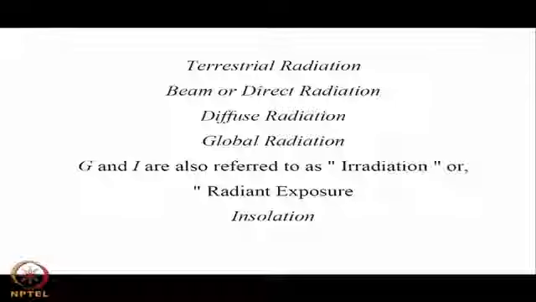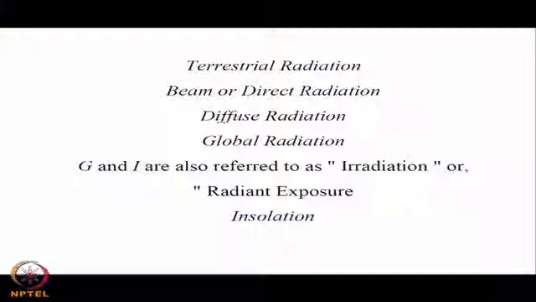So, G and I are also referred to by other terminology as irradiation and radiant exposure, and insolation is a very specific term that is used only for solar radiation, though we shall not use this terminology.